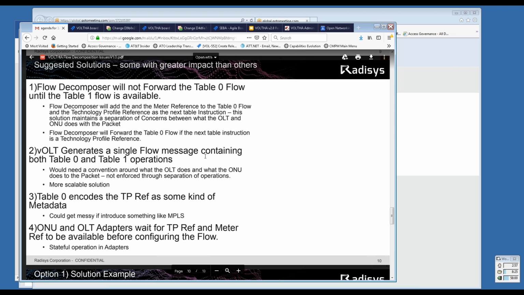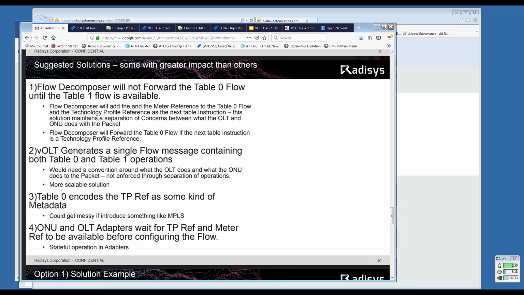Well, just to satisfy my curiosity, it sounds like the OpenFlow message itself has all the table 0 and table 1 information in it for an upstream flow and a downstream flow. Then within VOLTHA, there's a separation into two parts.